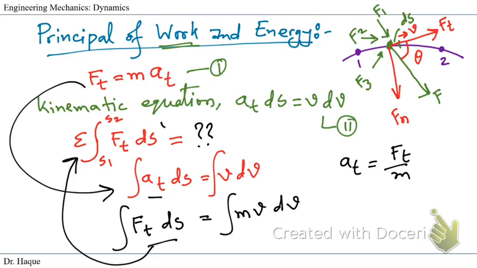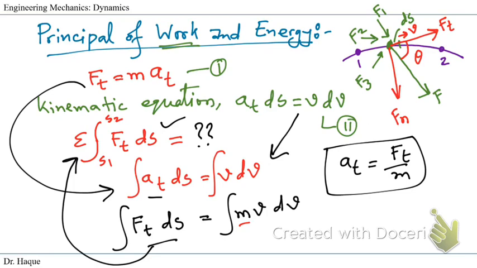We started with this equation, and then we plugged in the value from equation 1, and we got this relationship. Mass m is constant; we all know this.